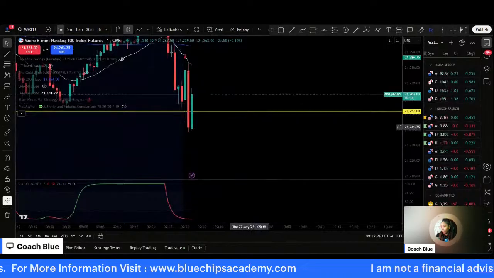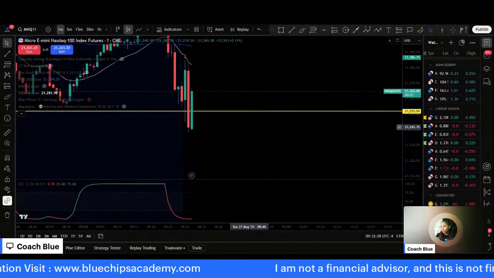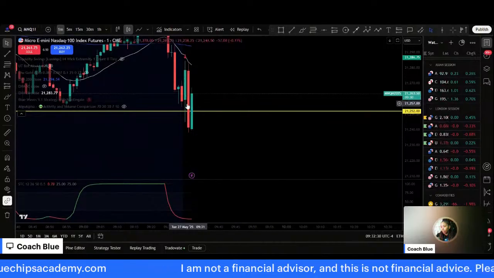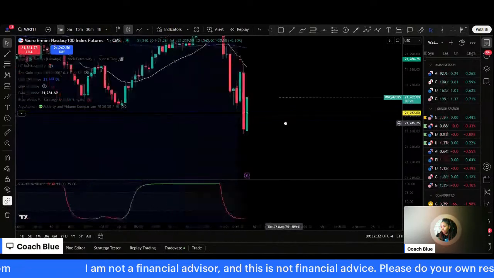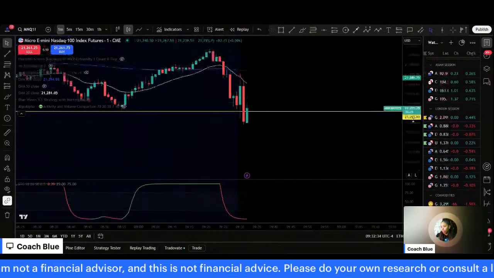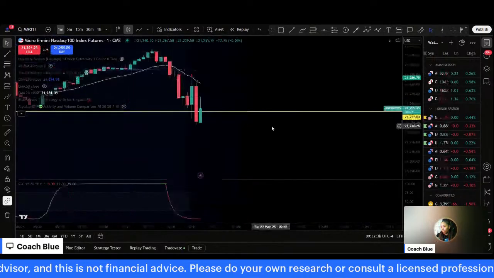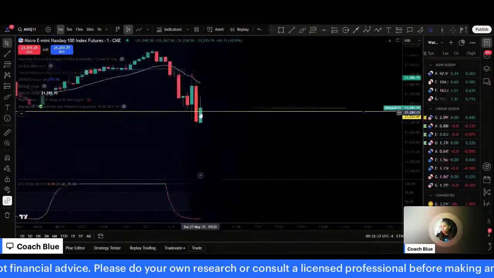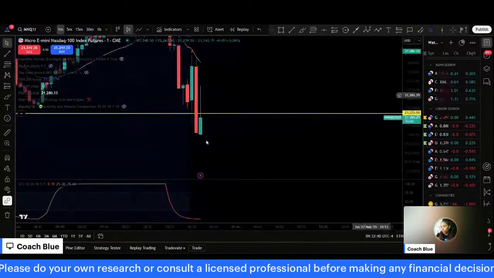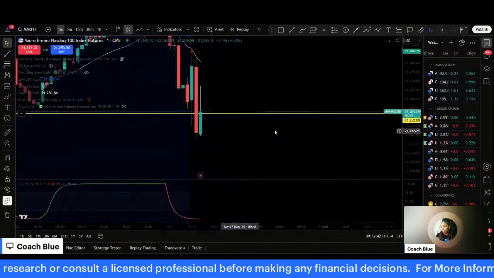Right now, it looks like the buyers are trying to push back here. So this candle here was an extreme fake out. This red candle right here. If this candle does not close beneath or at this key level. Okay.